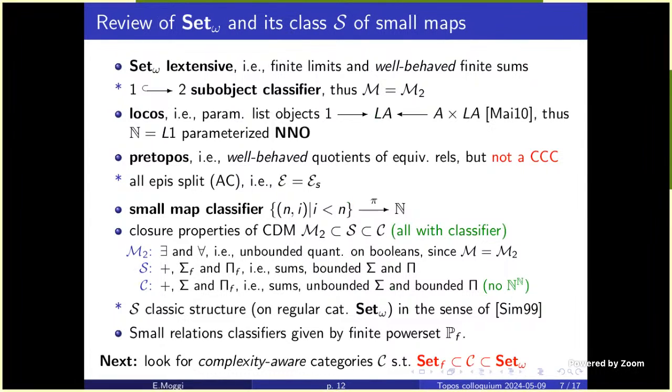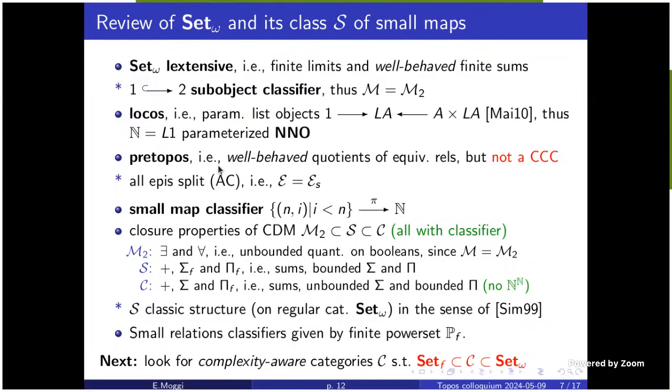Now let's go back to the category Set omega, of countable sets. It is extensive. It has a subobject classifier, and all monos are decidable in this particular category. It's a lextensive category in the sense that it has a parameterized list object, and in particular, it has a natural number object.